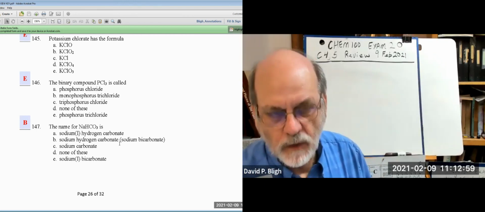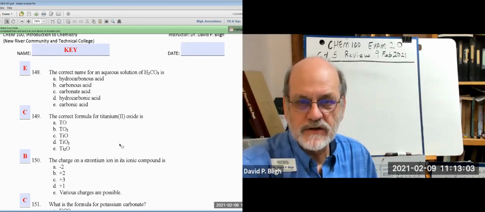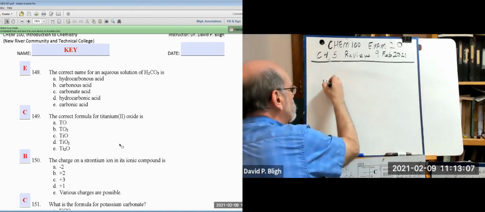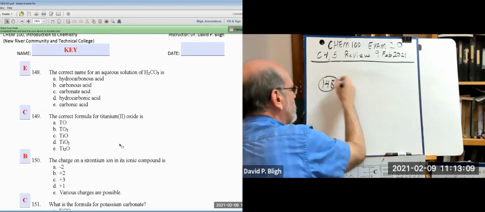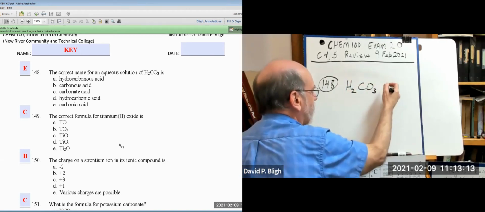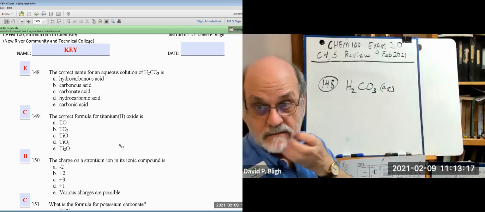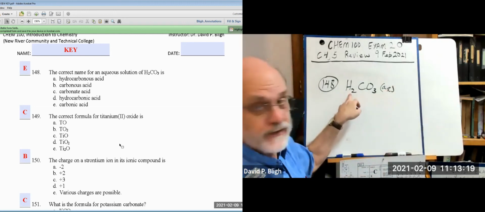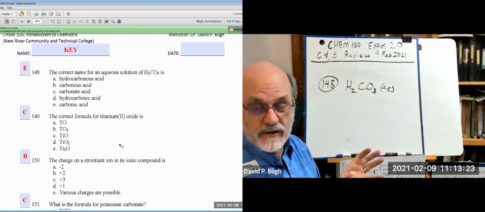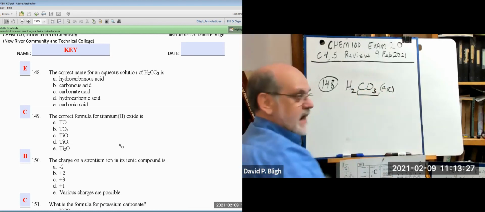147, 148. The correct name for an aqueous solution of H2CO3. It's an acid, right? It's in water and it's got those hydrogens. Because it's got oxygen, there's no hydro, so you look directly to the anion.